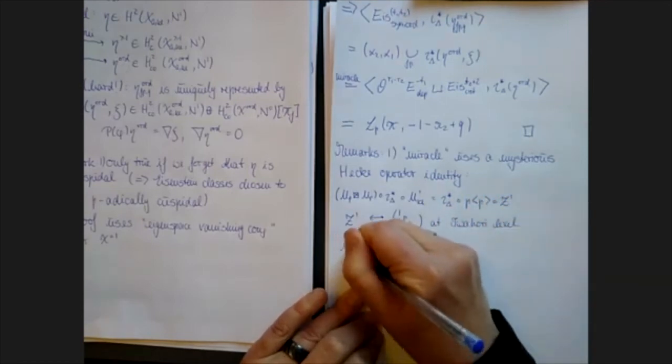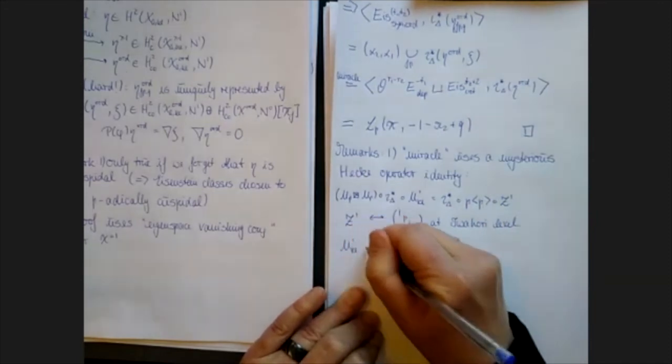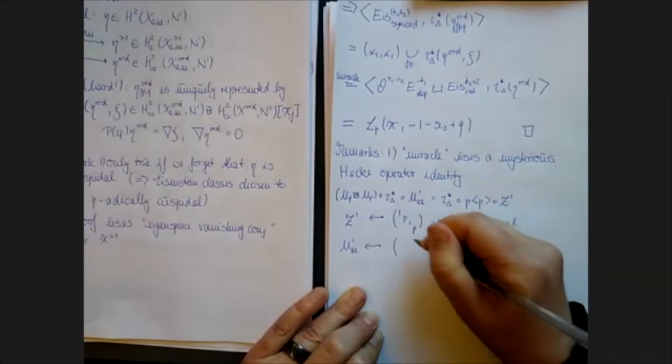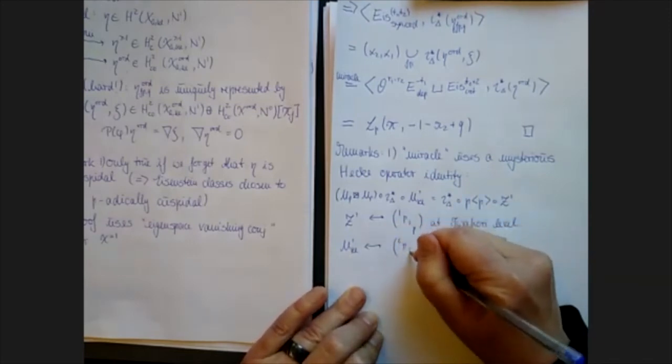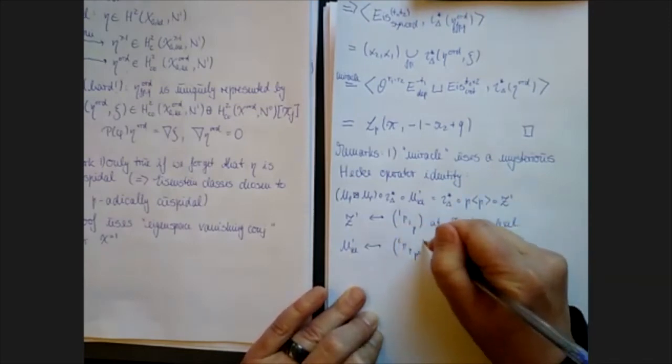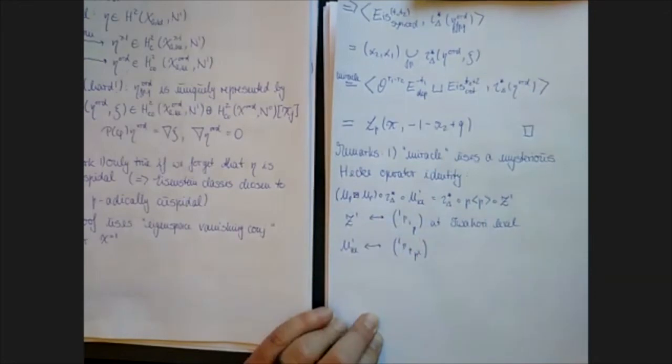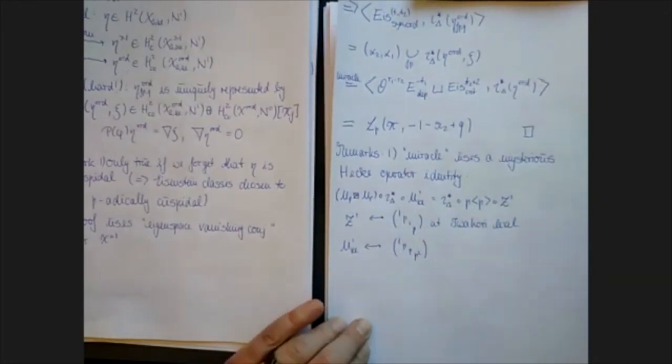And U Klingen prime corresponds to the matrix 1P, P, P squared. So we don't really have any conceptual explanation for that identity, but it is true.